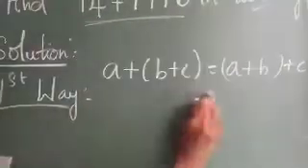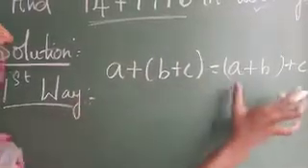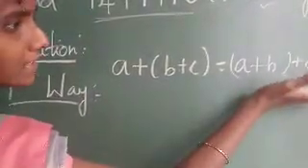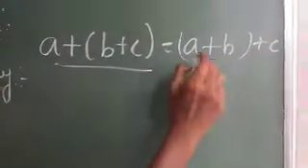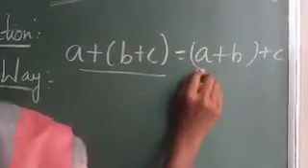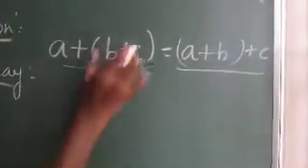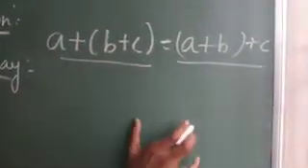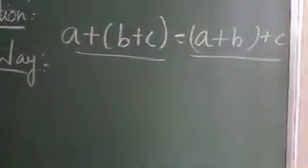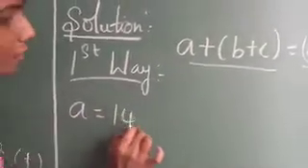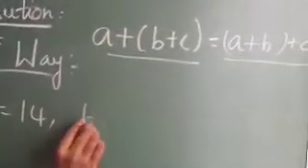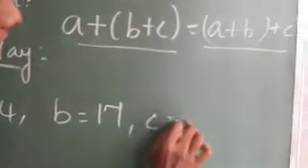So shall we take this as one method and another method as solving this? So this is the two ways. By using these two ways we are going to solve this. So see here, you consider the value of A as 14, B as 17 and C as 6.